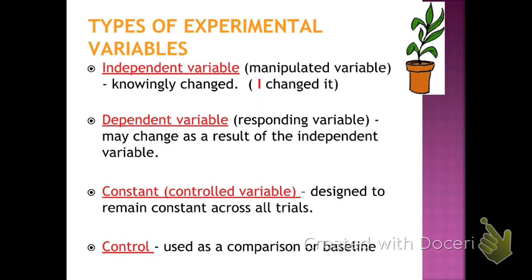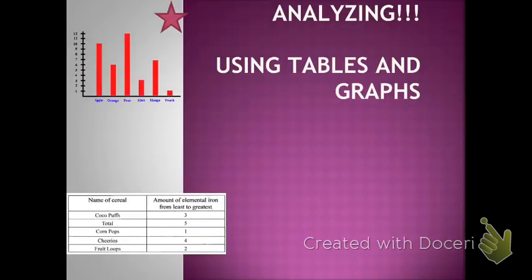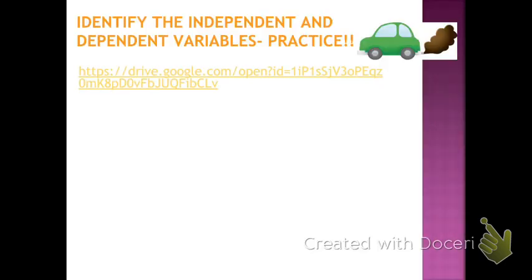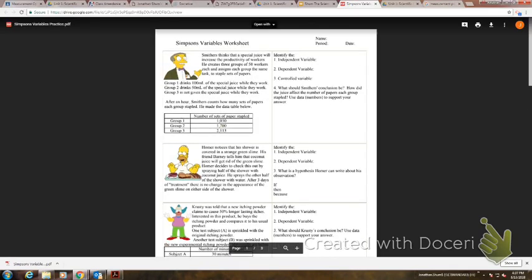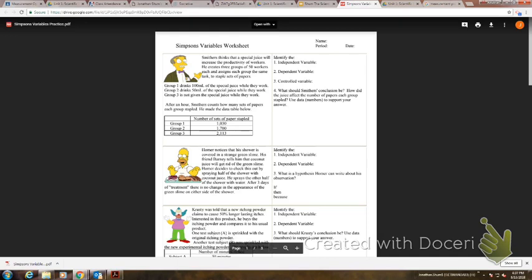So what I'm going to do is we're going to go ahead and read some of these. Cool, so I'm just going to do the first with you, but I would like you on your own to do the next two. So this is a variables worksheet. It says Smithers thinks that a special juice will increase the productivity of workers. He'll make his workers work faster.